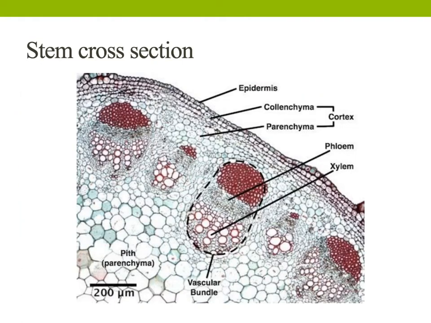When you cut through a celery stem, and this would be the outside of the stem here, then you can see these vascular bundles, and again the large holes with a thick wall around them are going to be your xylem tissue, and next to those is going to be your phloem.